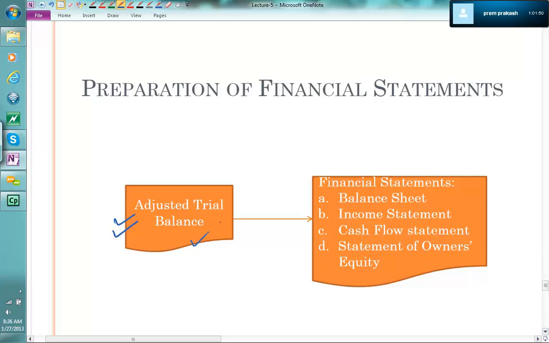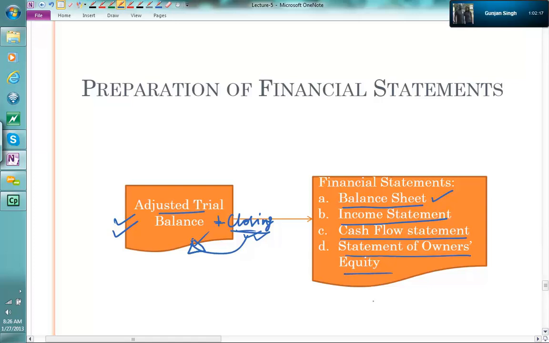The closing is done after adjusting. So after adjusting and closing the books, closing is happening after adjusting. This must be clear to you guys. And once you have closed the books, whatever is the balance, you pick that up and prepare the balance sheet, income statement, cash flow statement, and a statement of owner's equity, change in owner's equity.